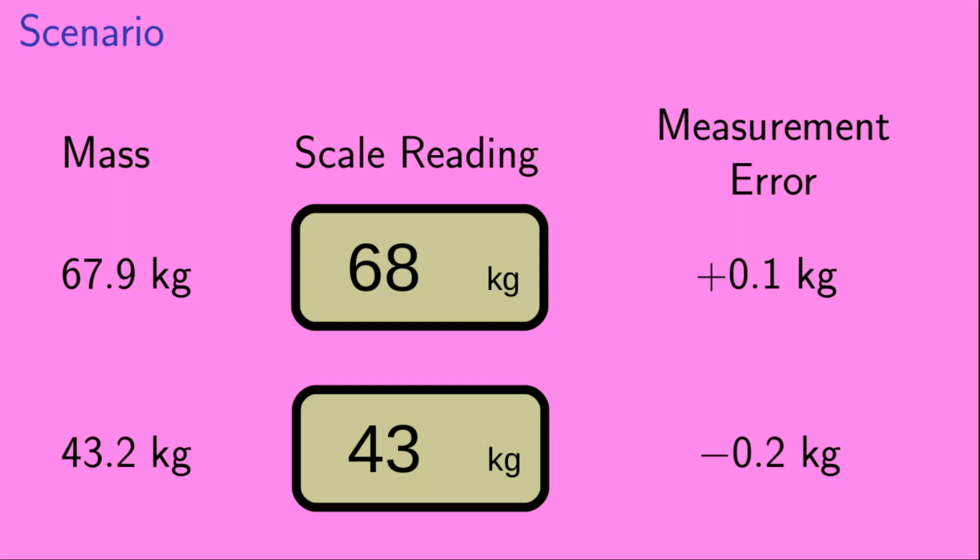On the other hand, if we have an object with a mass of 43.2 kilograms, the scale reading will be 43 kilograms, and in this case the measurement error will be negative 0.2 kilograms because the scale reading is 0.2 kilograms less than the true value.